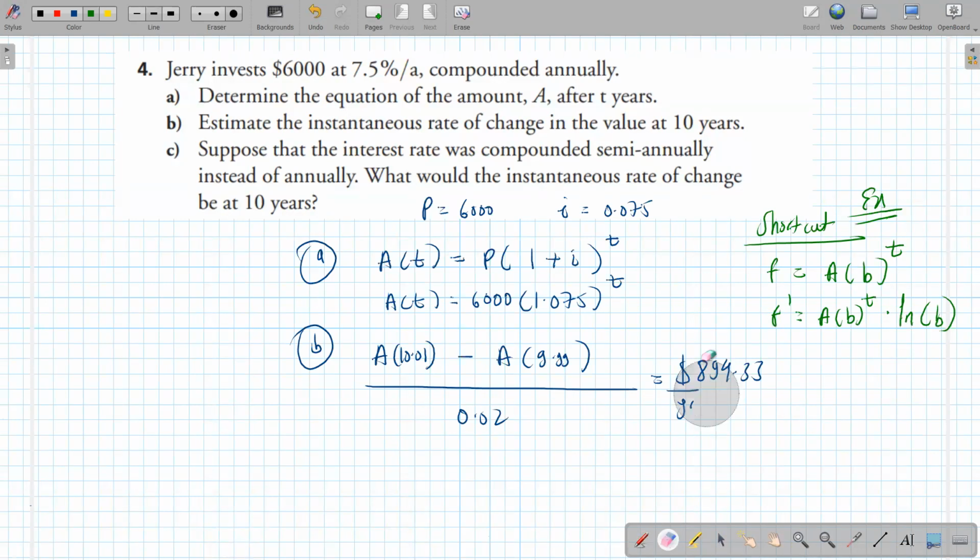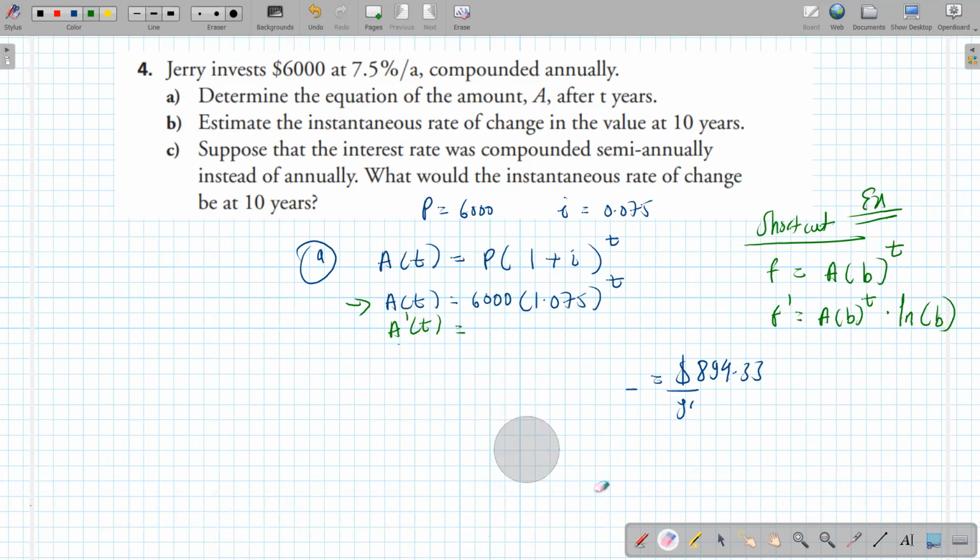So here, if my A of t is this, what will be A prime of t? Use this formula here. It's going to be the exact same thing, and then you multiply with the ln of the base.